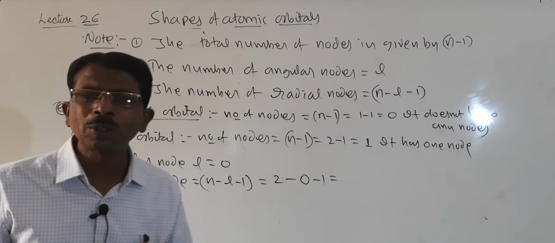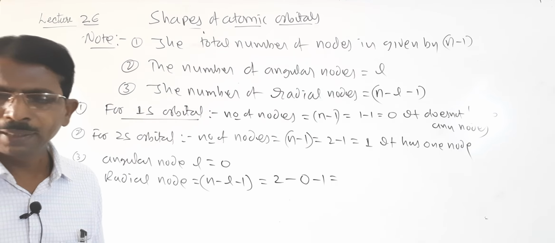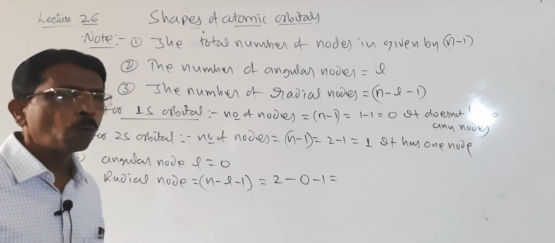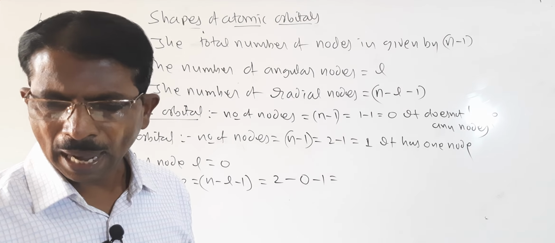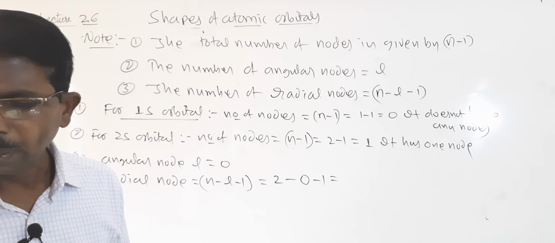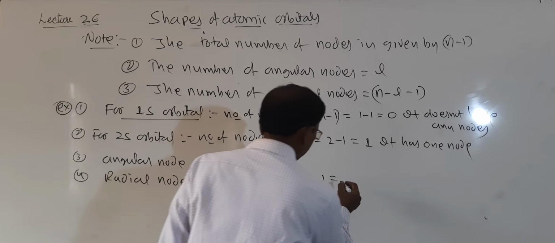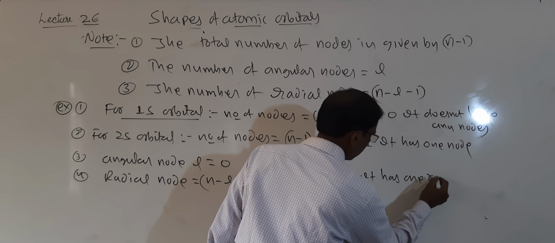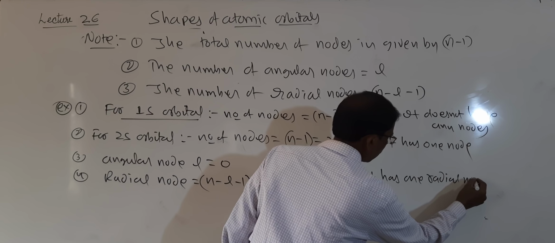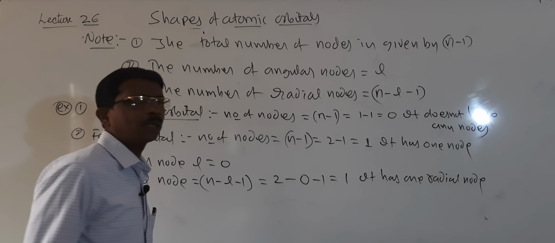So students, look here once again. It has one radial node. The 2s orbital has one radial node.